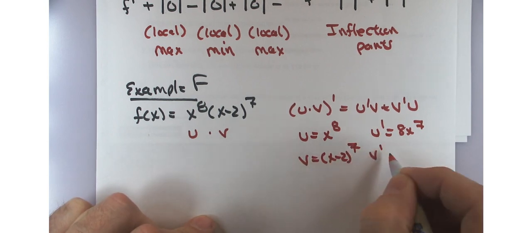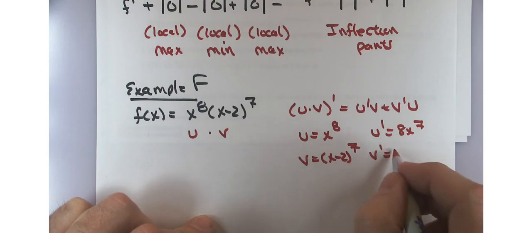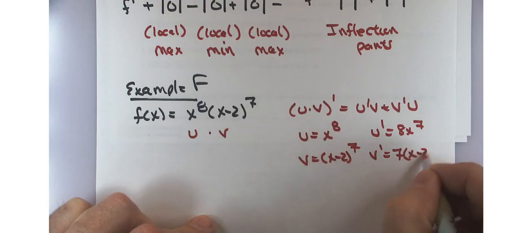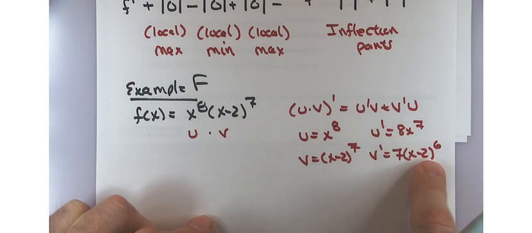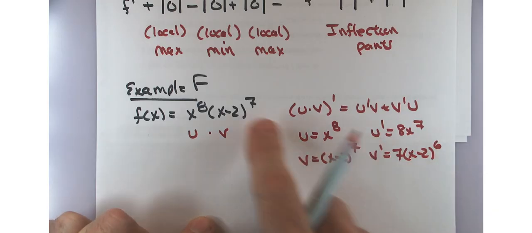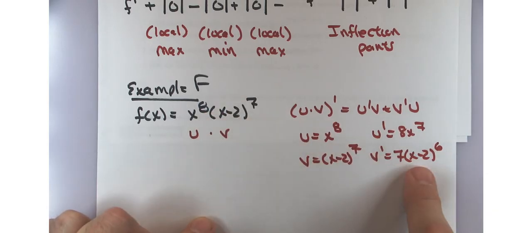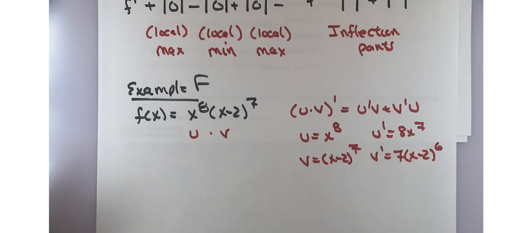V prime would be 7 times x minus 2 to the 6. And what Faith also recognizes is that you really have to apply the chain rule. So derivative of the outside times the derivative of the inside. But what's the derivative of the inside? 1. So we kind of get a pass on that, which is good.